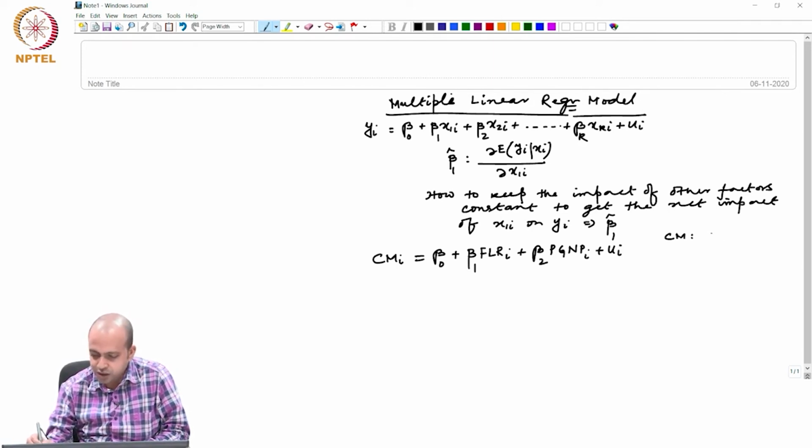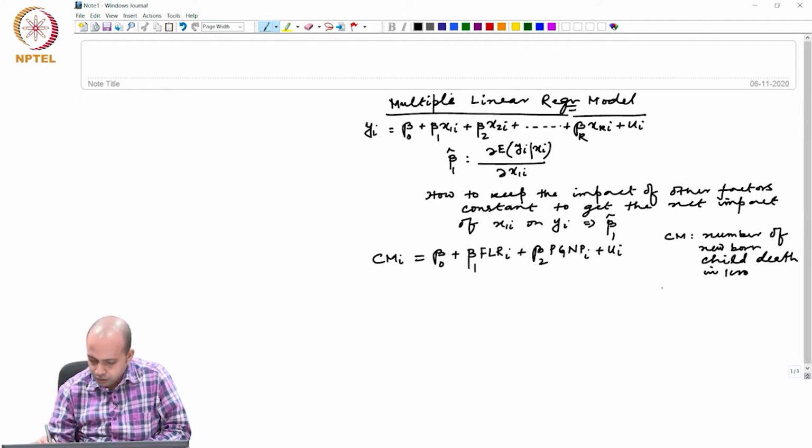Child mortality rate is defined as the number of newborn child deaths in 1000.